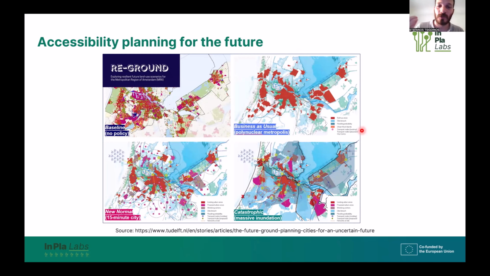We can build scenarios of business as usual or new normalities with 15-minute cities, and also scenarios that are not so fortunate. And this kind of integrated planning is really important when we do really aspire to think our cities differently. And it could lead very, very efficiently to scenario planning.